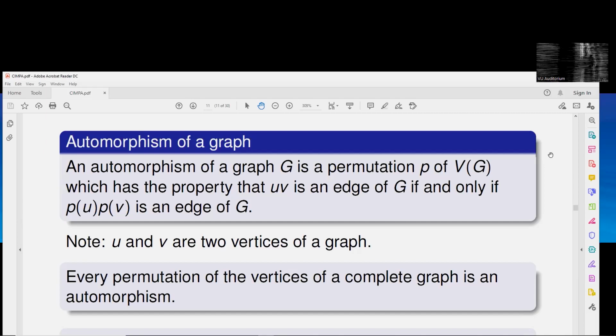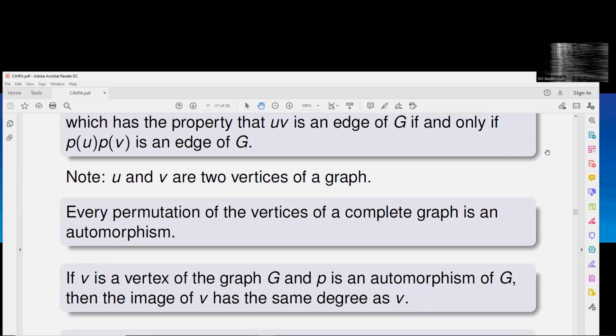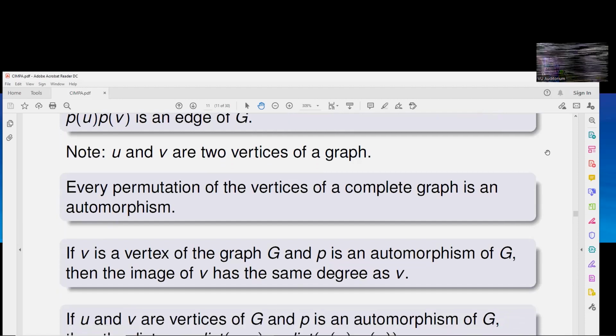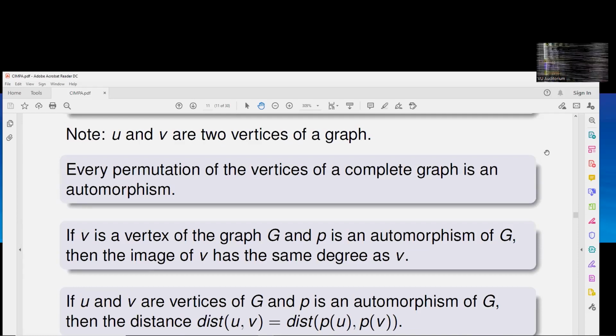So it gives you the property that if it's an automorphism, which is probably mentioned here, we can go slightly down: if p is an automorphism, then the image of a vertex has the same degree.